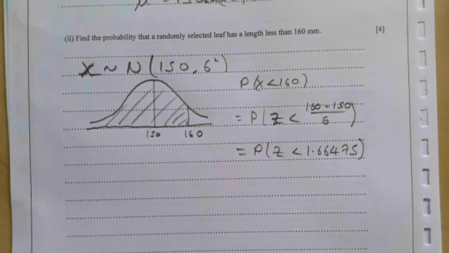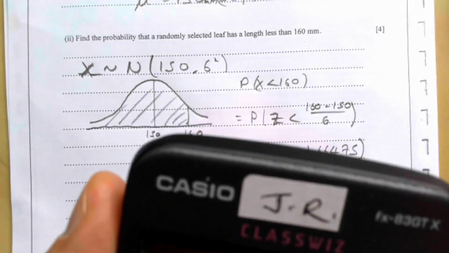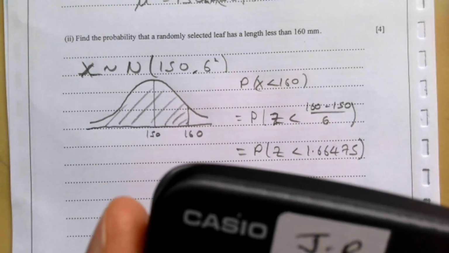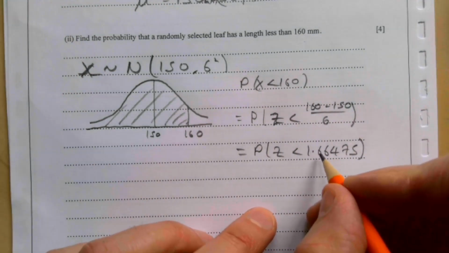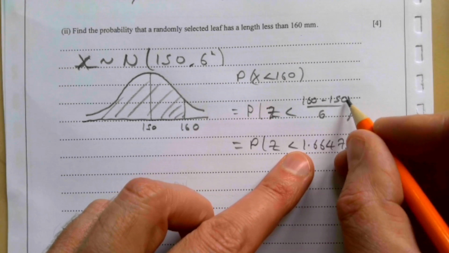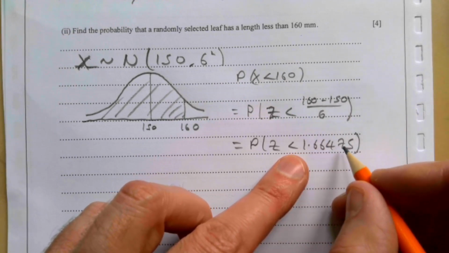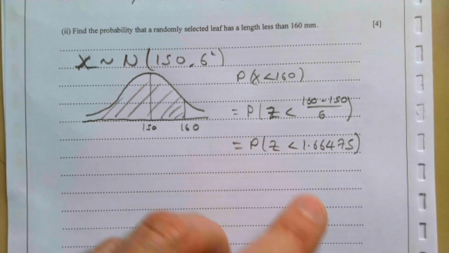Let me just check on the other calculator actually. Yeah, sorry, it's just 1.6 recurring. I've stolen it from another thing where they have a slightly more accurate value of that. So we're 1.66, and then if we look up our probability table, so it's 1.664.